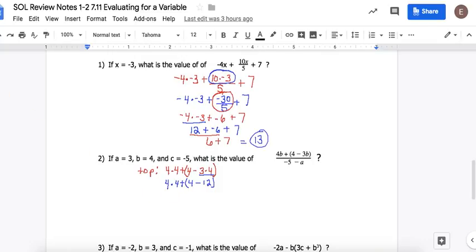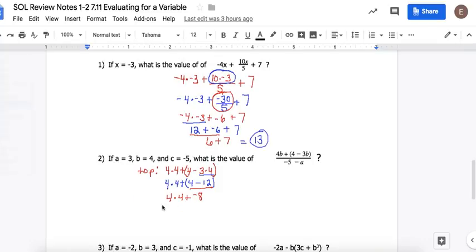And now I still have the parentheses, so I still need to do 4 minus 12 next. So 4 minus 12 is -8. Now the parentheses is gone because I'm down to one number, and bring down the 4 times 4 plus -8. Now I'm looking for exponents. I don't see any, so multiplication or division from left to right.